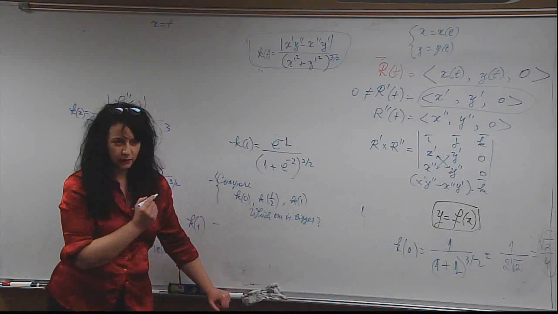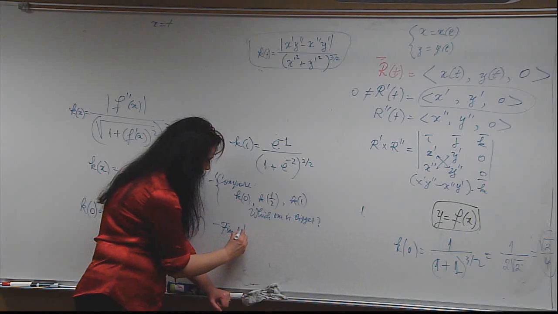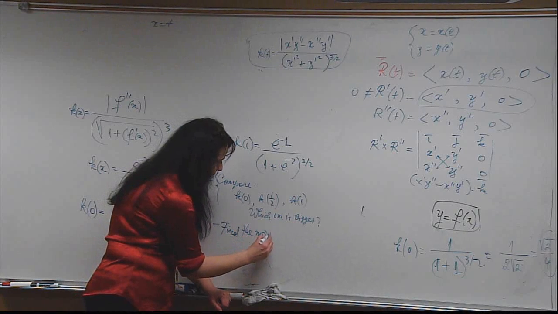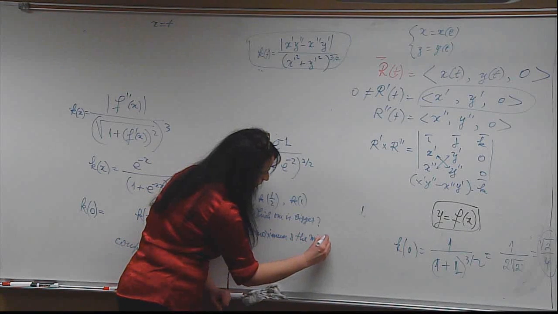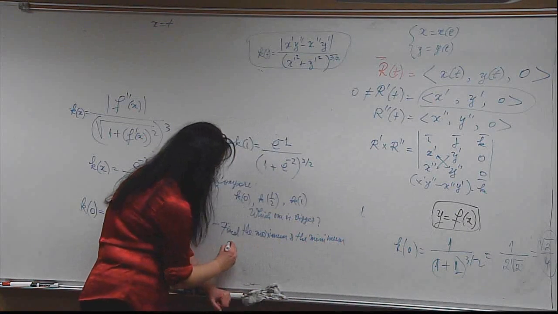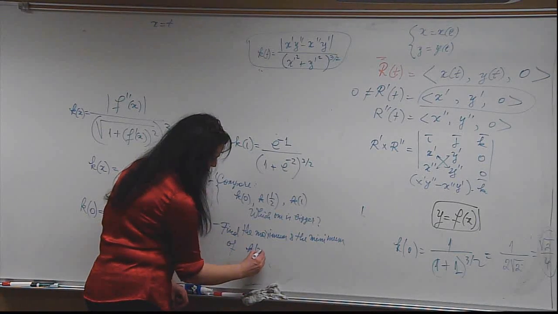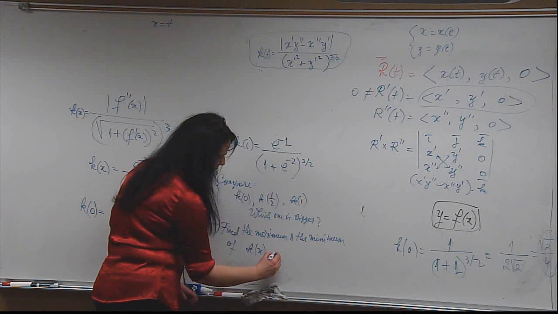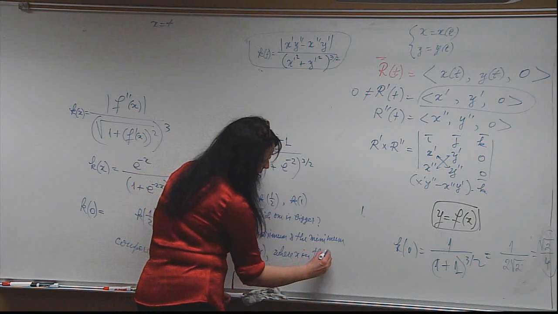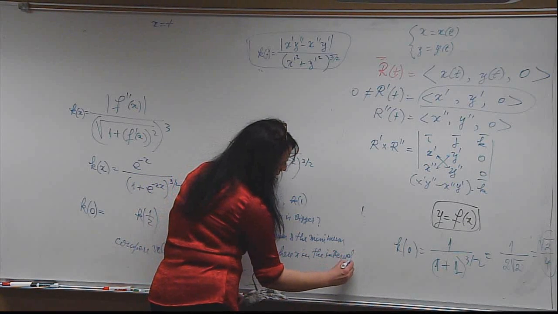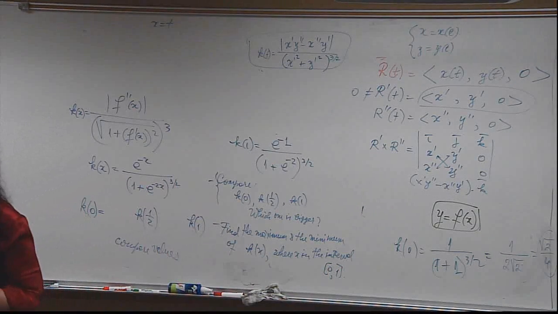Compare all these 3 values and find the maximum and the minimum of kappa of x, for x in the interval 0 to 1, closed.